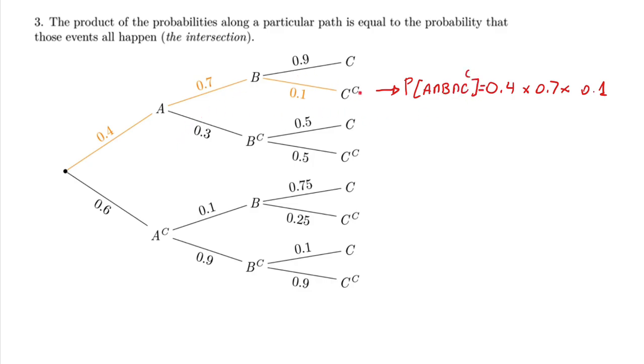Because this is the sequence of steps, okay? So the multiplication along this tree will always give you the intersection, okay?